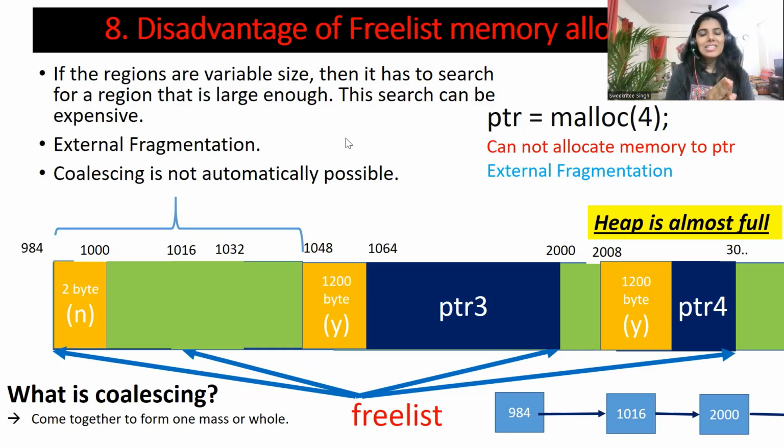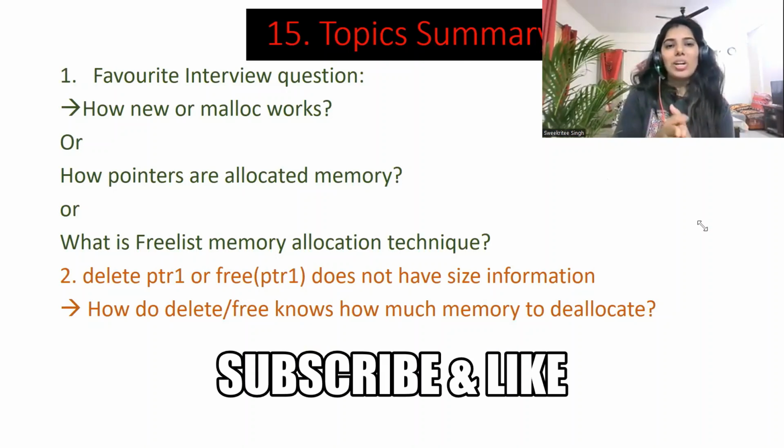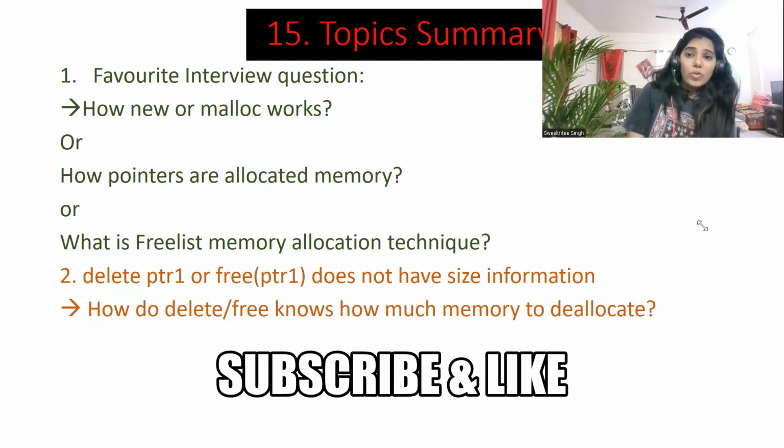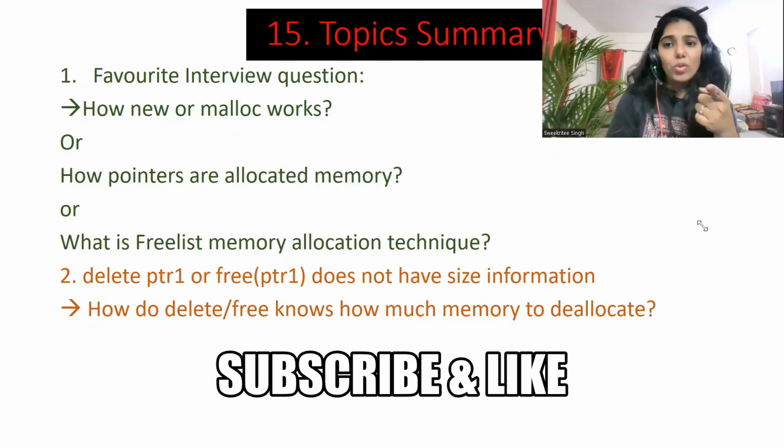But the thing is, coalescing is not automatically possible in free list memory allocation. So that's a lot of concepts. We learned about a lot of important topics, like the interviewer's favorite questions on memory: how new and malloc work, how pointers are allocated in memory, what the free list memory allocation technique is. So next time the interviewer asks you this question, you must be prepared to answer it.